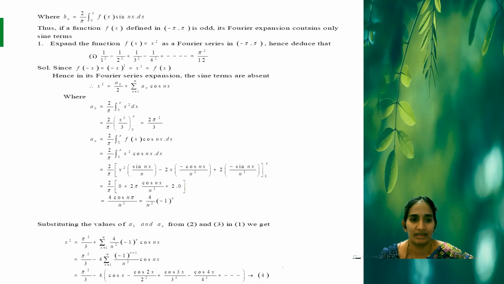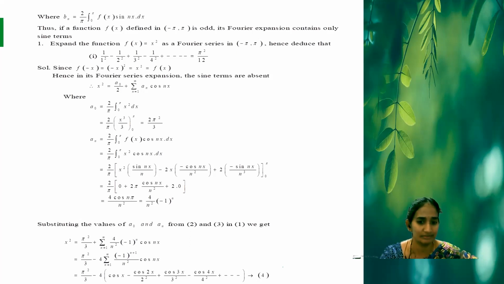That is, x squared equals a naught by 2 plus summation n equal to 1 to infinity an cos nx. Here we replace the a naught and an values. We get x squared equals pi squared by 3 plus summation n equal to 1 to infinity 4 by n squared into minus 1 whole power n cos nx.